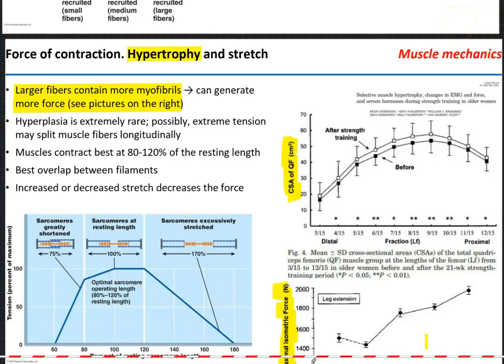Now, hypertrophy refers to the fact that each cell becomes bigger, but the total number of cells remains the same. Your skeletal muscle cells do not divide. There are extremely rare instances of so-called hyperplasia in which new cells are formed.